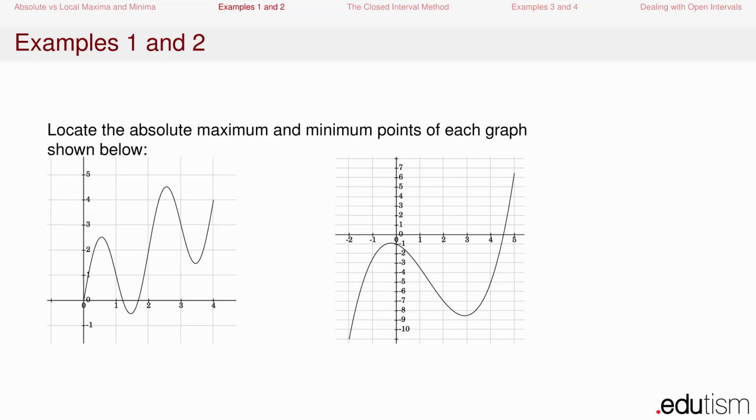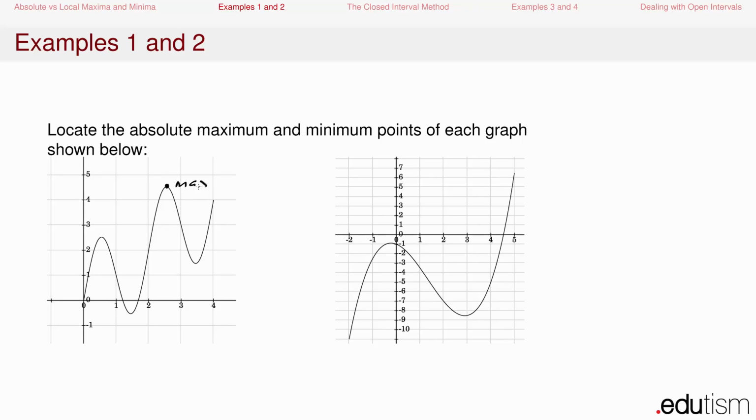In examples 1 and 2 here, we're going to locate absolute maximum and minimum points of each graph using the graphs themselves. So, in this first graph here, we're basically going to look for the absolute maximum point and the absolute minimum point. That means the highest possible y-coordinate and the lowest possible y-coordinate, which means the highest and lowest points in the graph. Well, the highest point is up here.